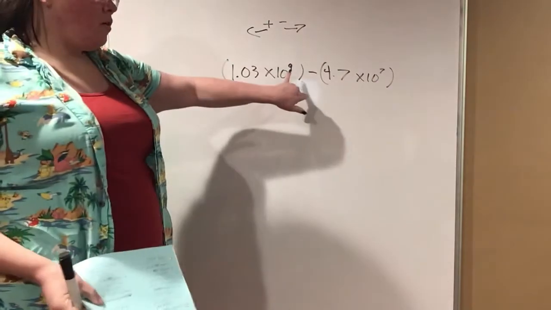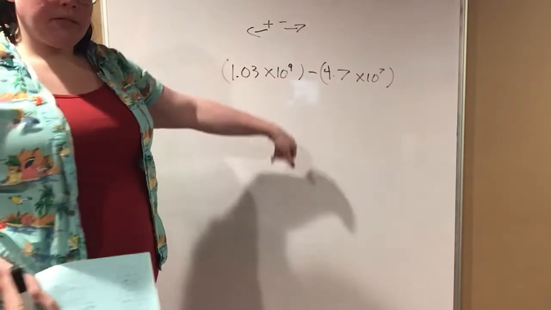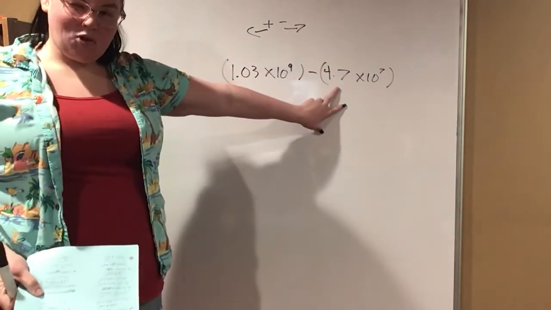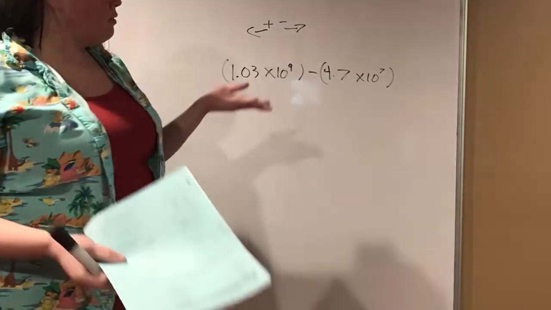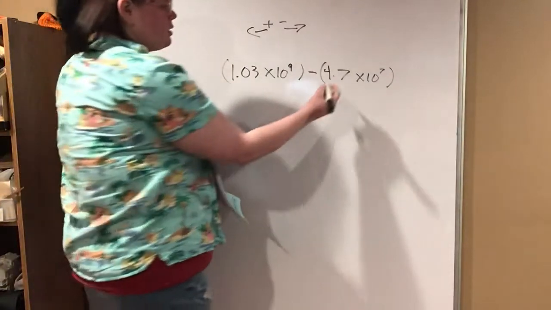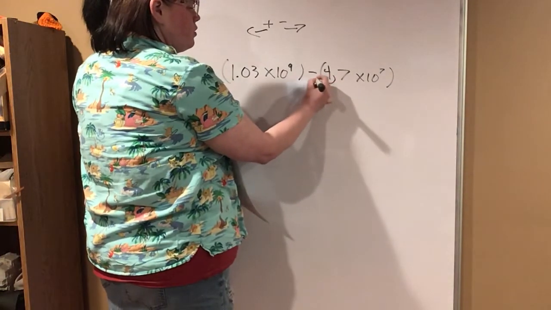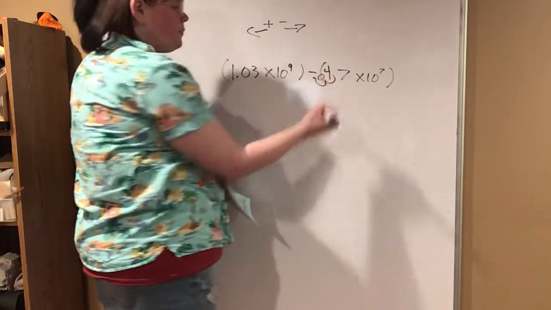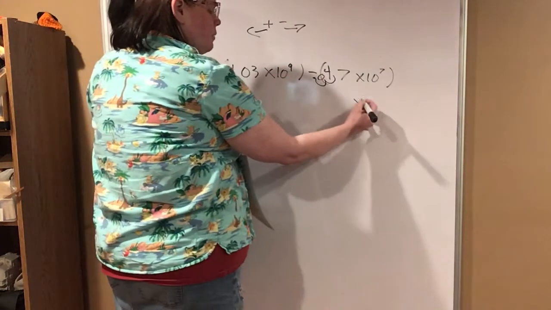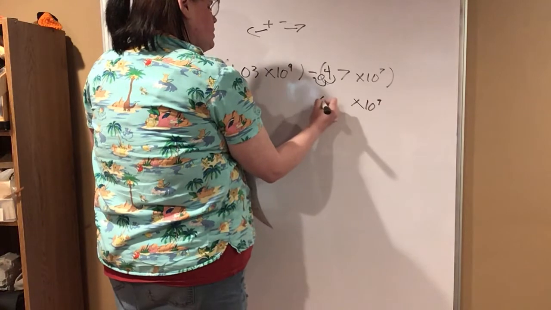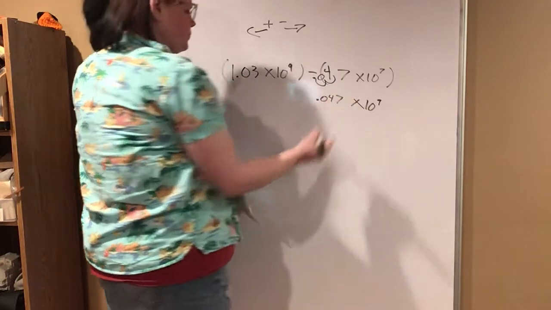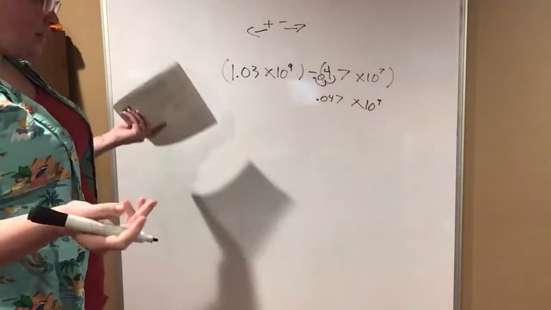I always try to go and make it match the bigger number because it usually makes this one easier to subtract or add. So to make a 7 and 9, to move 2 spots. 1, 2. Right? So now this is a 9, so times 10 to the 9th. And 0.047. So now we're just subtracting.